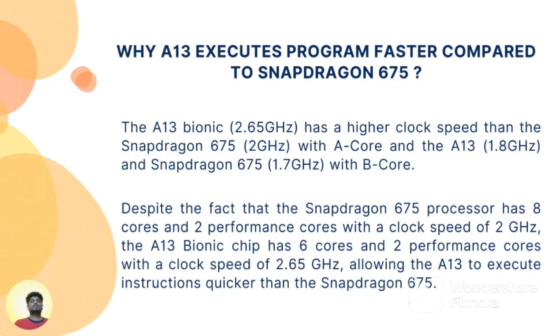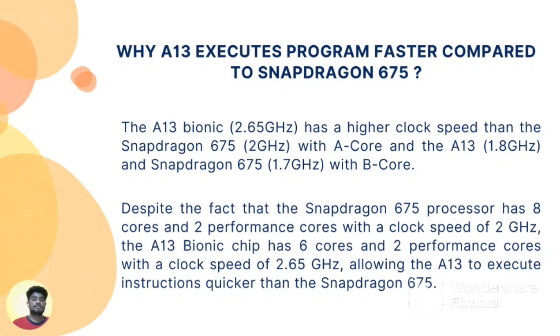Let's find out. The A13 Bionic chip consists of two performance cores and four efficient cores, while Snapdragon 675 consists of 8 cores, where 2 cores are considered performance cores and the other 6 cores are considered efficient cores. Performance cores have a high clock speed, and efficient cores have an average clock speed, like 1 gigahertz or 1.1 gigahertz.